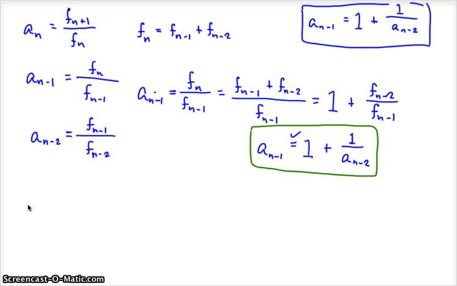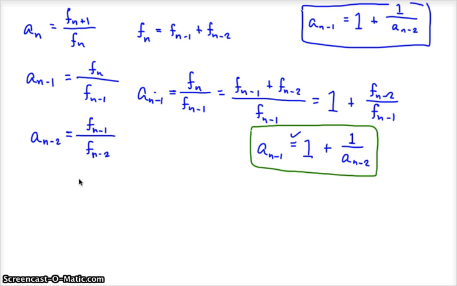In the first video we looked at how we could determine the Fibonacci sequence based off of the question he posed with rabbits, and in the second part of the video we looked at this ratio a sub n, which was f sub n plus 1 divided by f sub n, and we went ahead and proved this statement of a relationship between these a's with different subscripts.